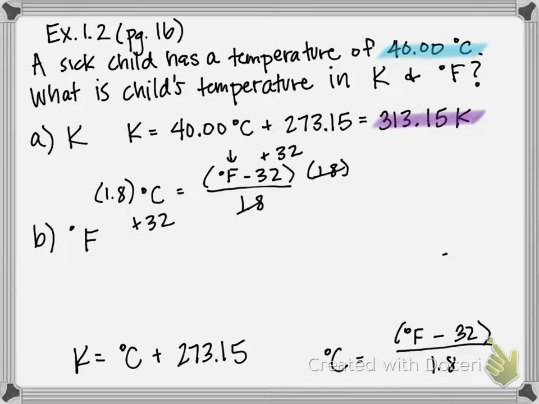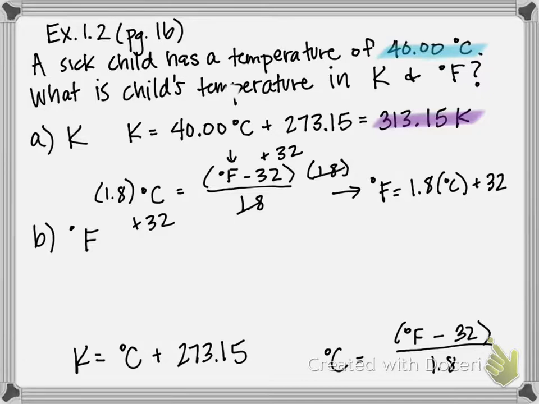So that's going to give me my equation, degrees Fahrenheit is equal to 1.8 times degrees Celsius plus 32.